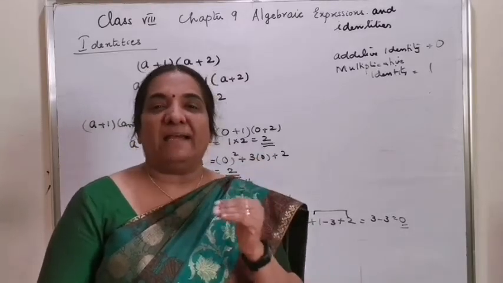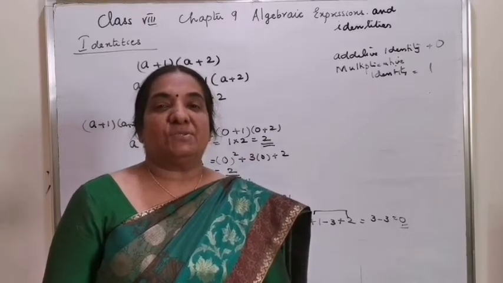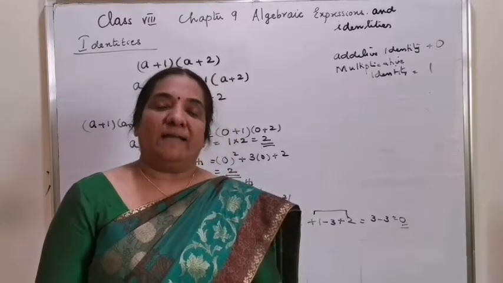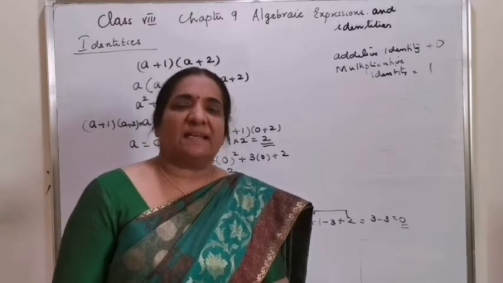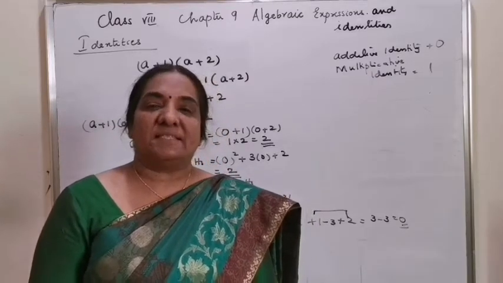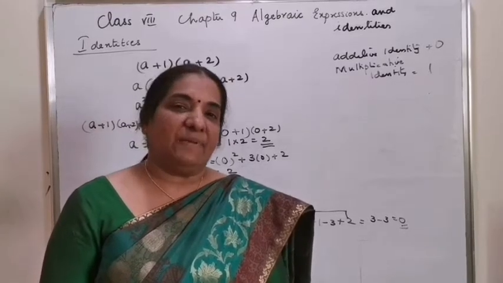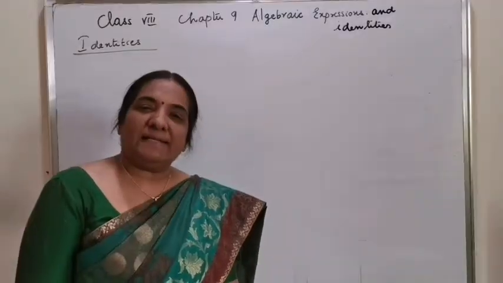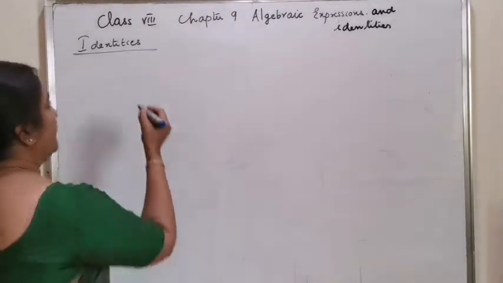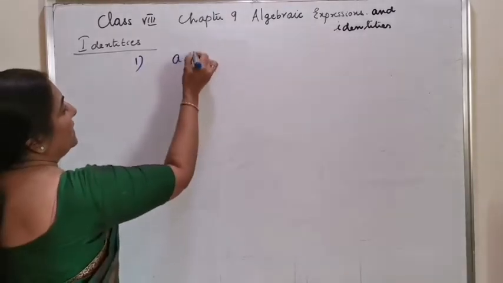These 4 identities are the basic of algebraic expressions, which are very, very useful in your higher classes too. Let's derive it, and even if you know it from the 7th standard, let's see how that identities have been derived.